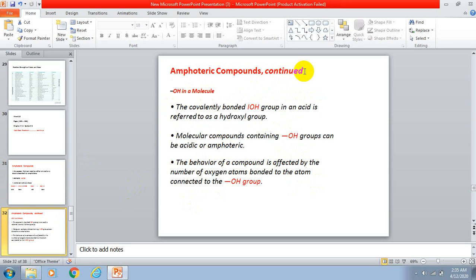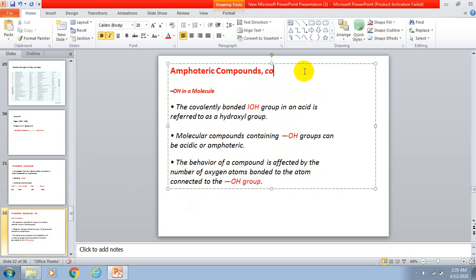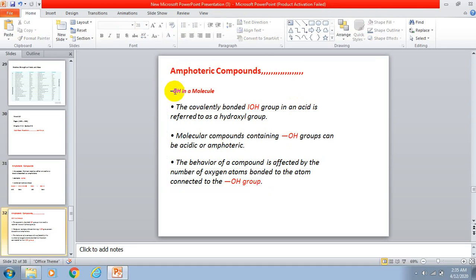Amphoteric compounds, they are continued. Branch OH in a molecule. OH, hydroxyl ion, hydroxide, or you can say HOH. This arrow means branch. The covalently bonded OH group in an acid is referred to as a hydroxyl group.